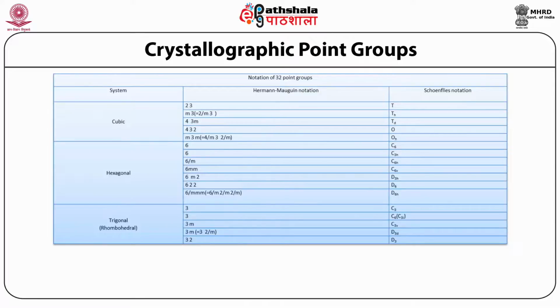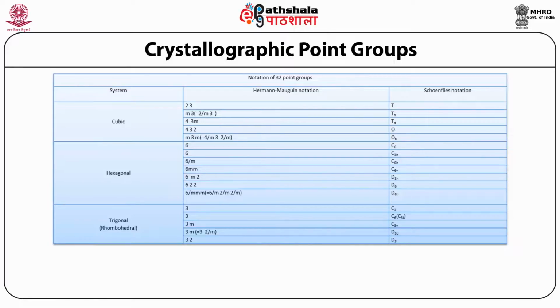Corresponding to point group 6, in Schoenflies notation, it is C subscript 6. For 6 bar, its corresponding Schoenflies notation is capital C subscript 3h. For 6 by m, the corresponding Schoenflies notation is C subscript 6h. Then 6mm corresponding to it, the Schoenflies notation is capital C subscript 6v.